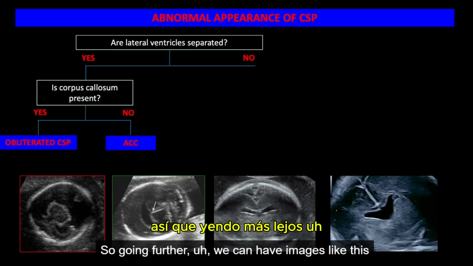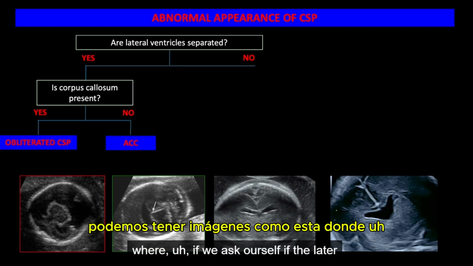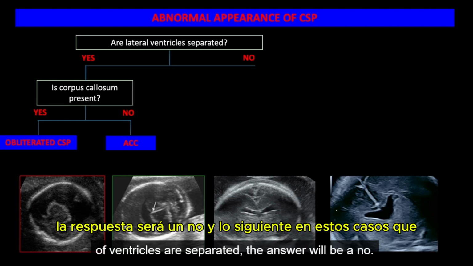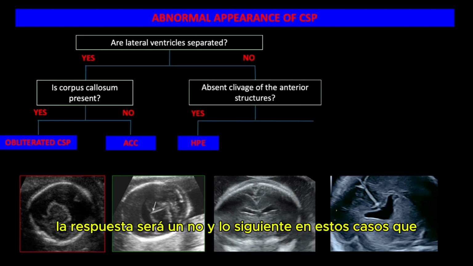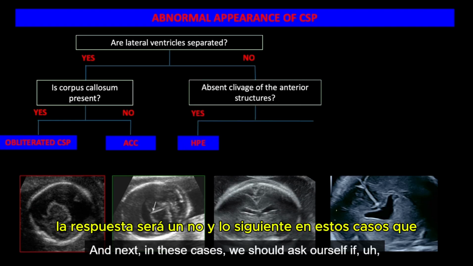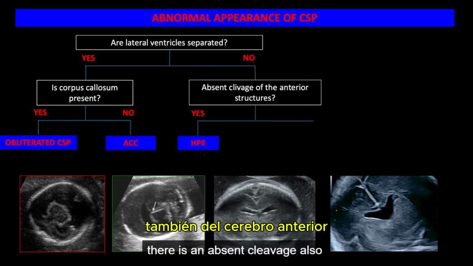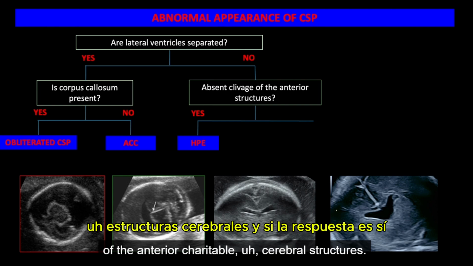So going further, we can have images like this, where if we ask ourselves whether the lateral ventricles are separated, the answer will be no. Next, in these cases, we should ask ourselves if there is an absent cleavage also of the anterior cerebral structures.